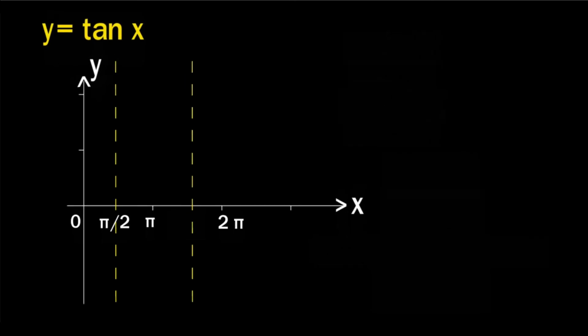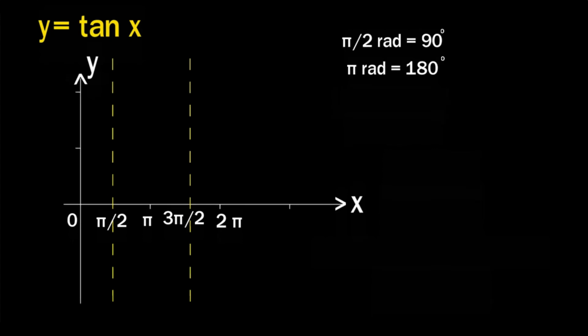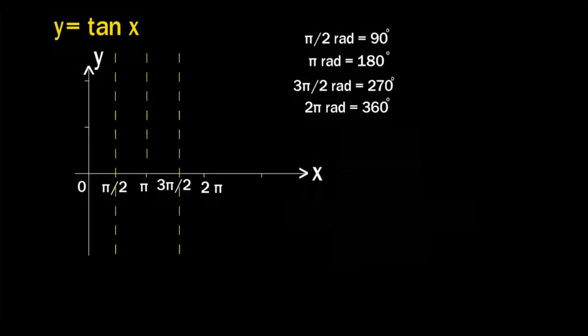Basically pi over 2 radian is equal to 90 degree. Pi radian is equal to 180 degree. And 3 pi over 2 is equal to 270 degree. And 2 pi is 360 degree. So for each interval for tangent, you need to remember how it looks like.